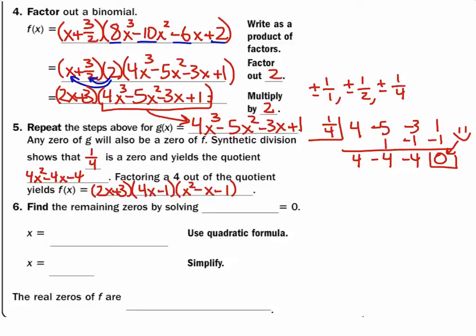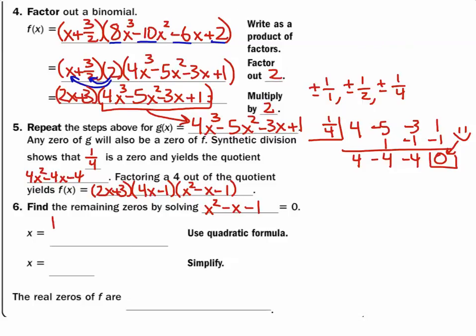So we need to find the remaining zeros by solving x squared minus x minus 1. The numbers are small, so it should not take very long to figure out that it simply does not factor nicely. Pretty much, you need to use the quadratic formula. Now this is nice because you could factor it, or if you're not feeling factor smart at the moment, you can use the quadratic formula.